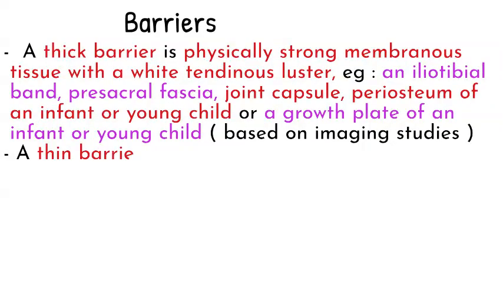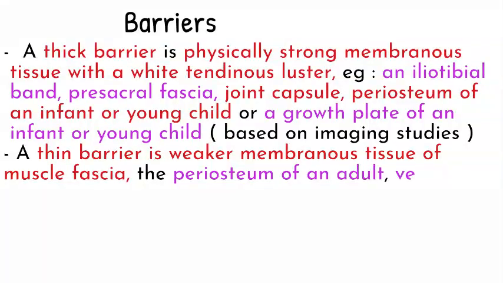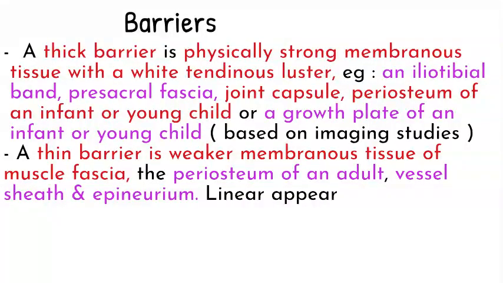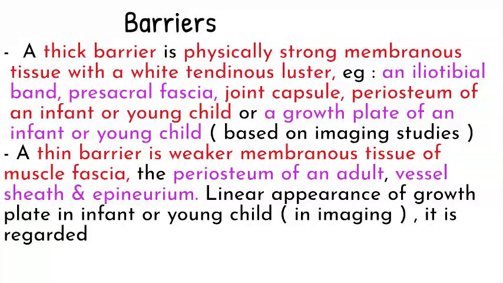A thin barrier is weaker membranous tissue of muscle fascia, the periosteum of an adult, vessel sheath, and epineurium. Linear appearance of a growth plate in an infant or young child in imaging is regarded as a thin barrier.